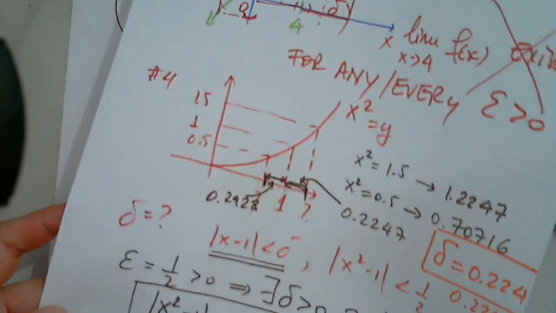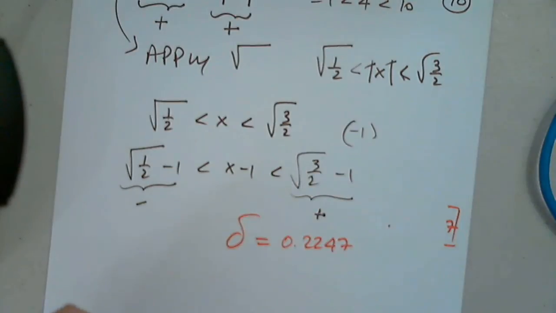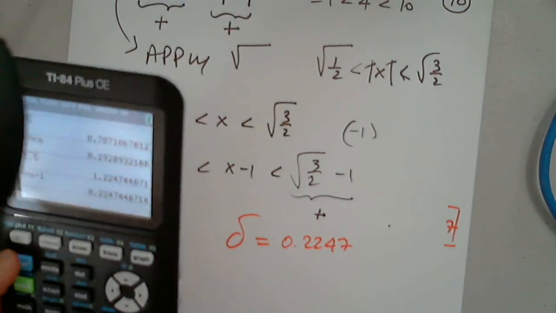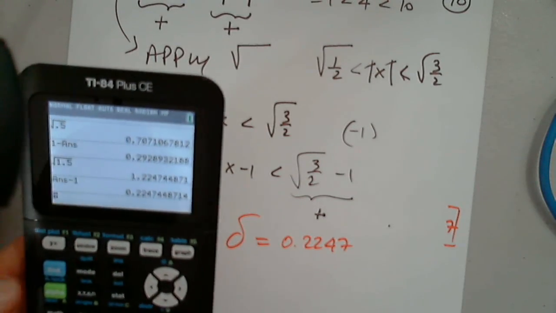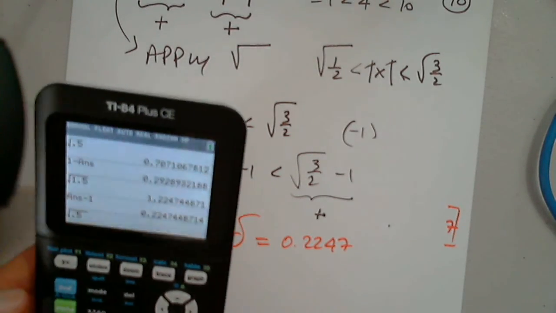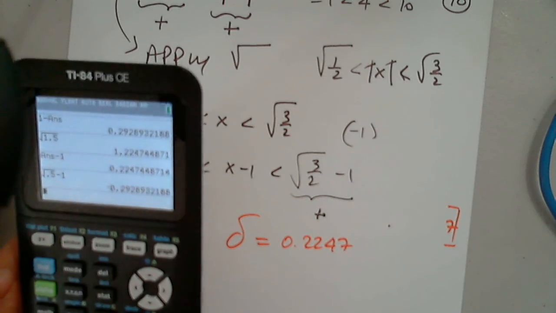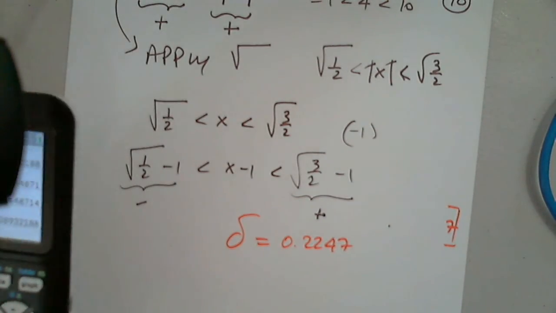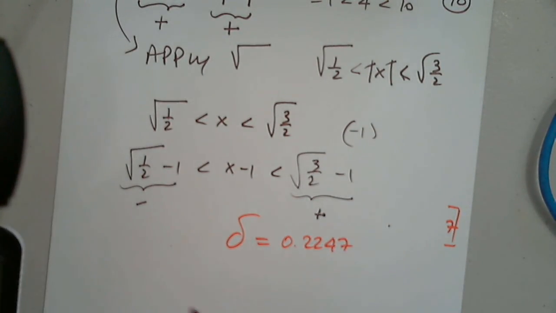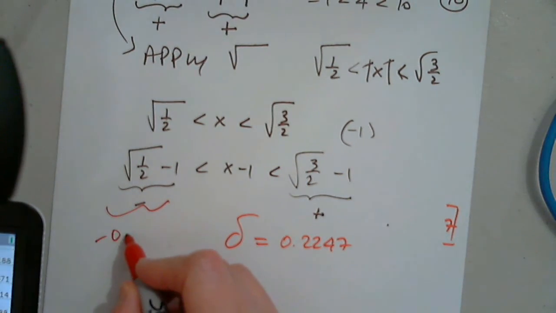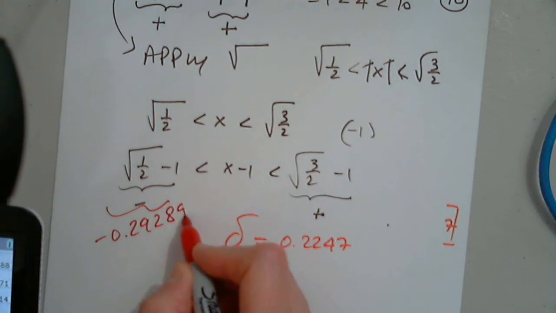Delta cannot be a negative number. So the left-hand side will be, one more time, the square root of 0.5 and then minus 1. It's exactly the other one, but with negative. So negative 0.29289.